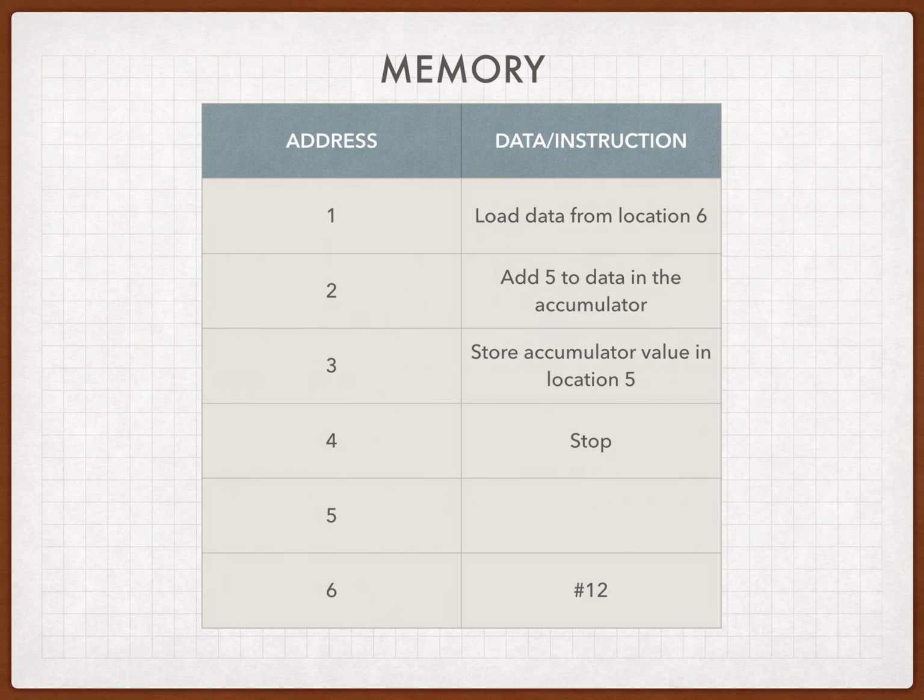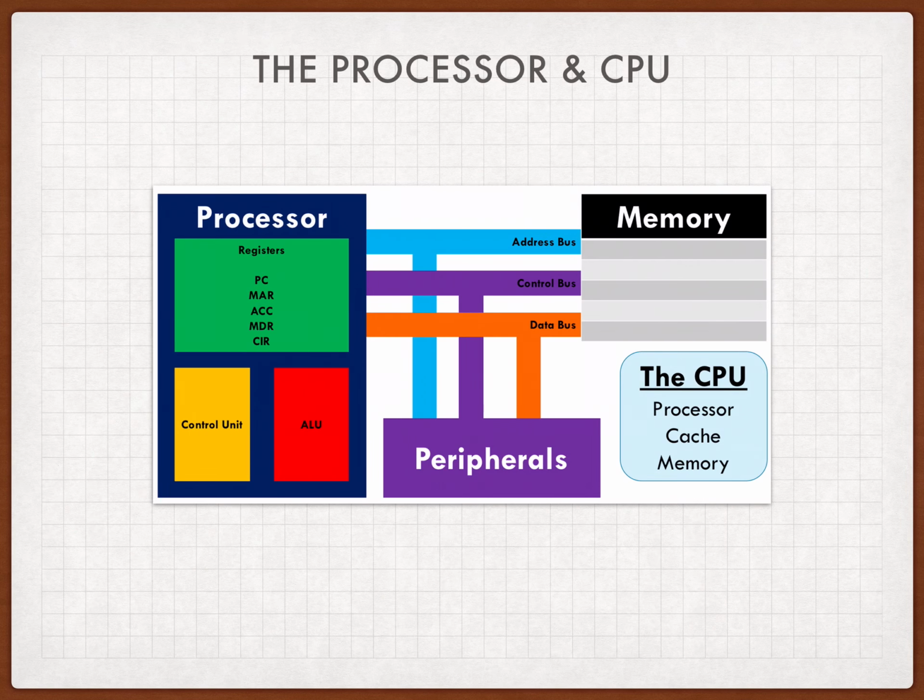We can see it as having 2 parts. The first one being an address, which is just a reference to a place in memory, and the data or instruction which is stored within that location in memory. All of these components work together when completing the fetch-decode-execute cycle to ensure that tasks are completed.